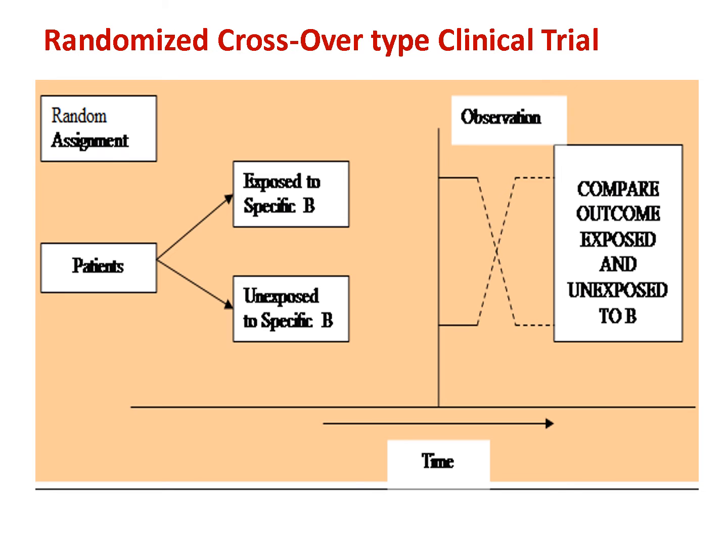After that, there is a washout period. The washout period is based on the time required to remove the drug from the body. After the washout period, in the second half, the experimental group will get the placebo and the control group will get the treatment. Then at the end of the study, outcome is compared among exposed and unexposed group or experimental group and control group.